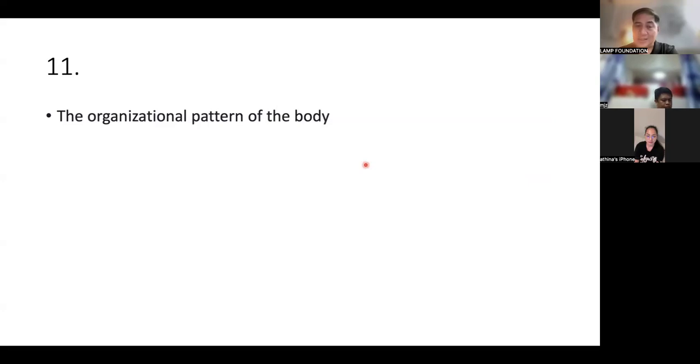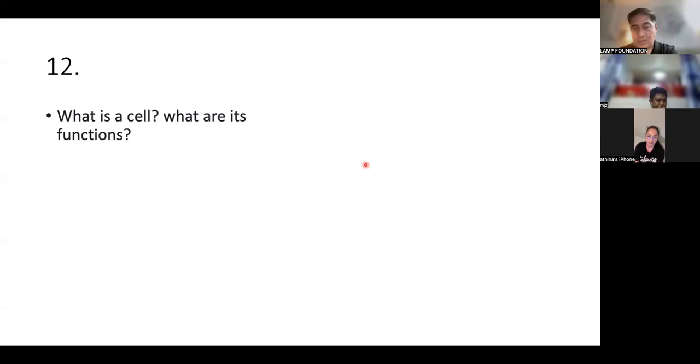What is the organizational pattern of the body? This is called the hierarchy. So we start from the smallest. The smallest is the cells, then the tissues, then the organs, and then the system. Great. What is a cell? What are its functions? The cell is the basic unit of the body.